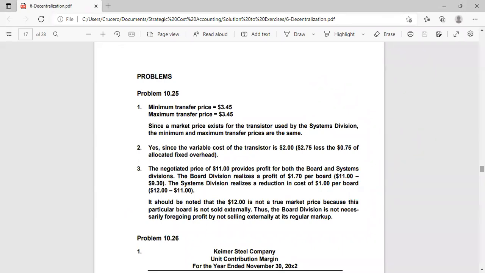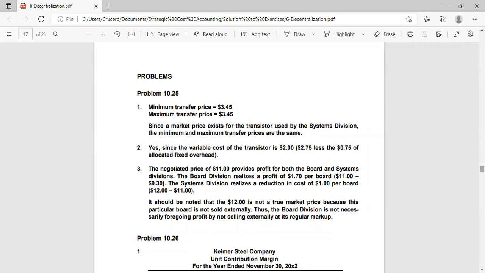Requirement number 1: what is the minimum transfer price for the transistor division, and what is the maximum transfer price of the transistor for the systems division?